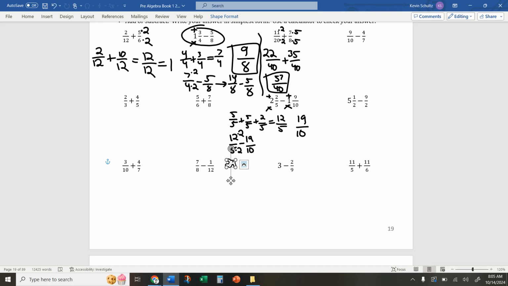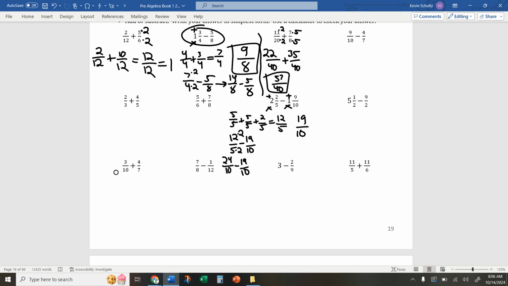Double tap. Just move it to the side so you can't see it. There. So we have 24 tenths minus 19 tenths.